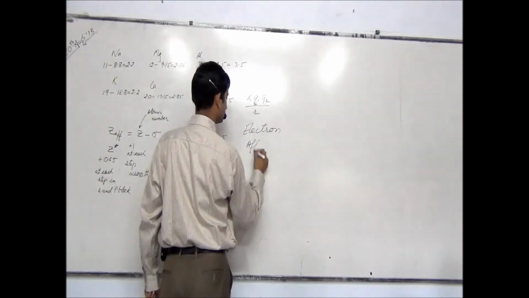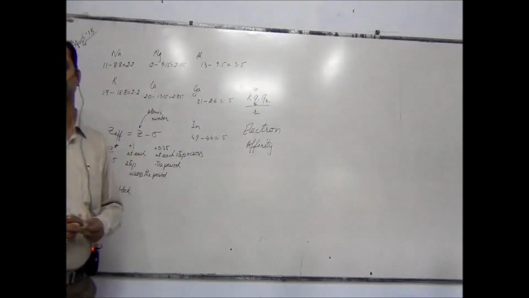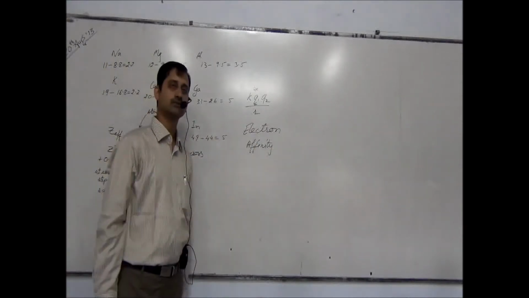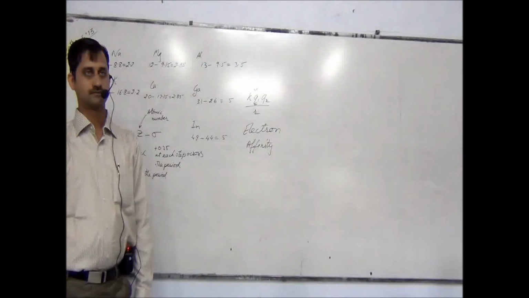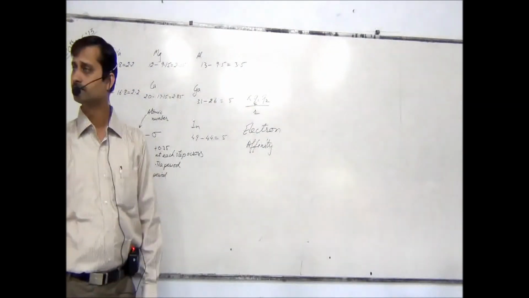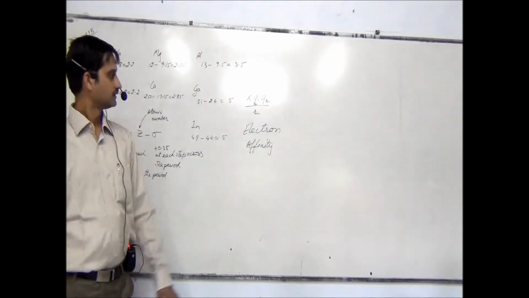Is that okay? Clear? So as you move across the period, the electron affinity also generally increases. Any confusions here? Is that clear?